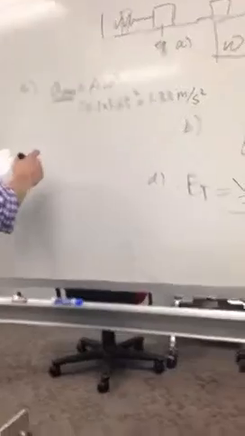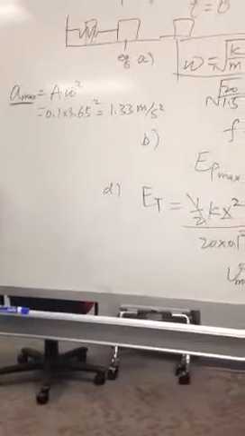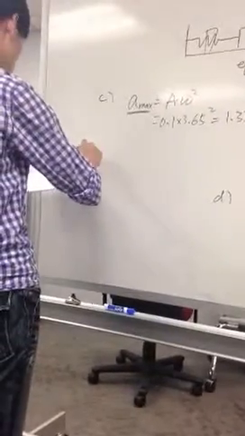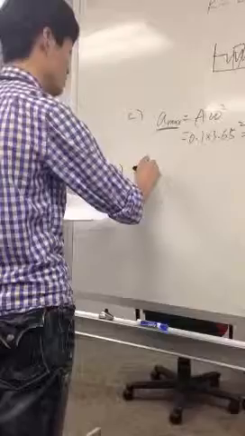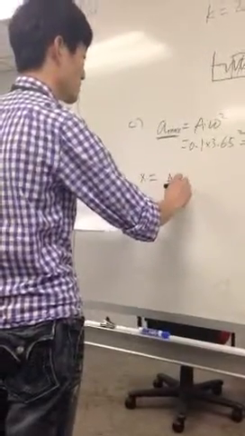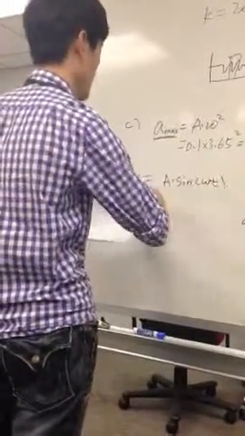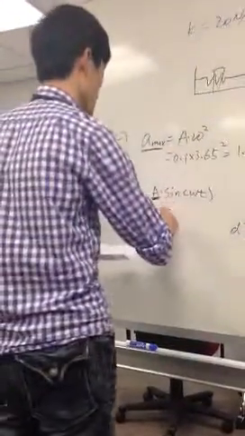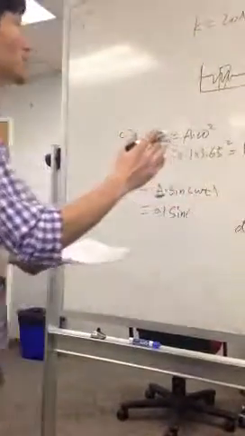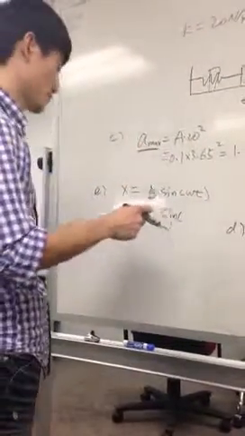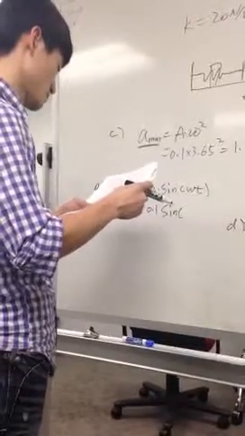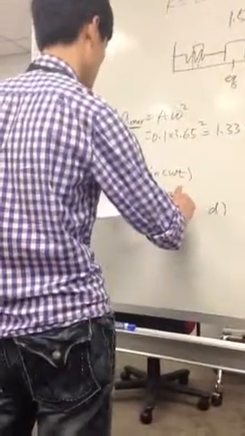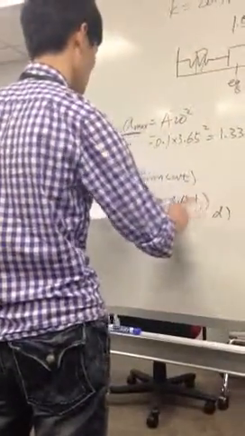So the last question is express the displacement as a function of time. So we know the basic function is A sine omega t, and here A is 0.1 meter. Omega, from the calculation, we got 3.65 t.